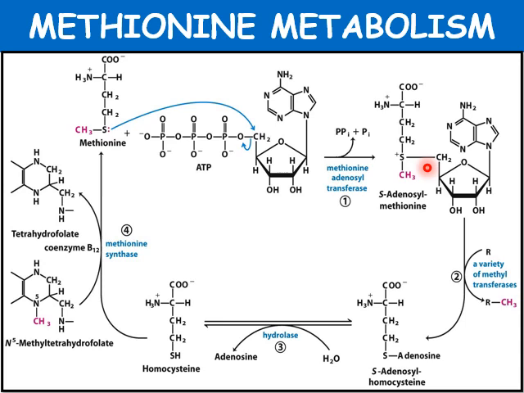After activating methionine in the form of S-adenosyl methionine, it becomes able to donate its methyl group. Then it acts as a methyl donor. So in the next reaction, any molecule that requires a methyl group will accept it from S-adenosyl methionine and become methylated, and this SAM gets converted into SAH, that is S-adenosyl homocysteine.